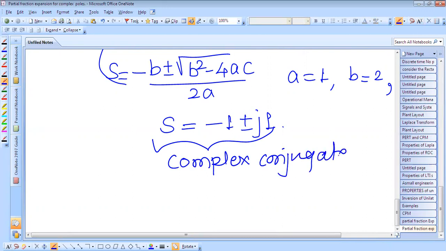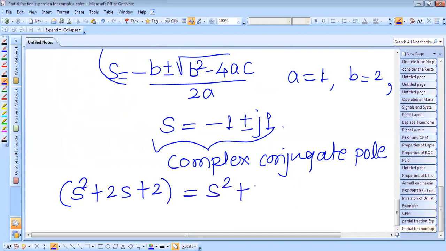So we can write this quadratic equation in terms of the perfect square. Perfect square means this is s² + 2s + 2. We can also write it as s² + 2s + 1 + 1.